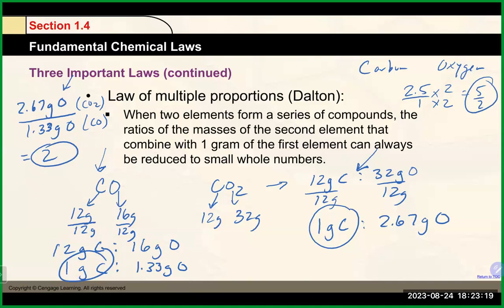You can't have 2.5 atoms in a compound. If you remember empirical formulas and molecular formulas, you have to have whole numbers. The subscripts for a compound have to be whole numbers, because you really can't have a half of something.